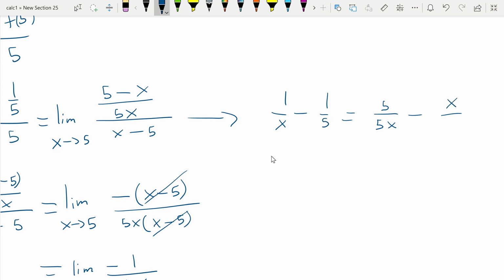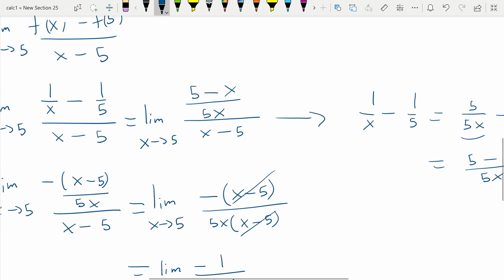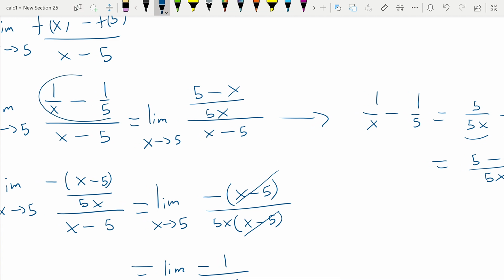We do x over 5x, and then they both have the same denominator, so we can put them together to obtain 5 minus x divided by 5x. So that's what transformed this into that.